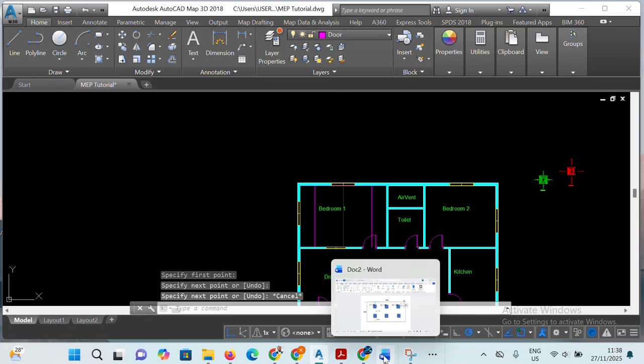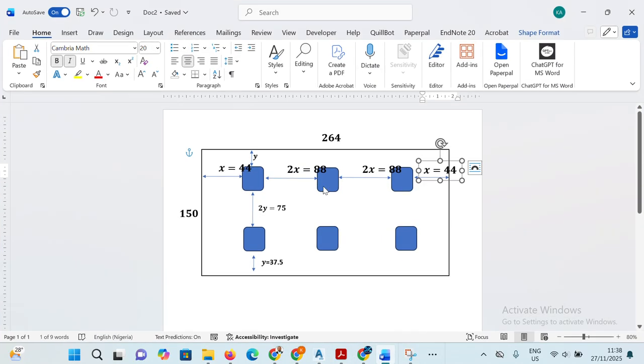So these are the three vertical lines, 1, 2, 3.